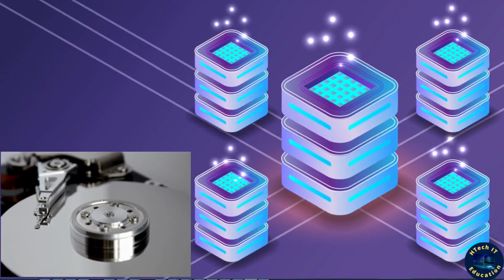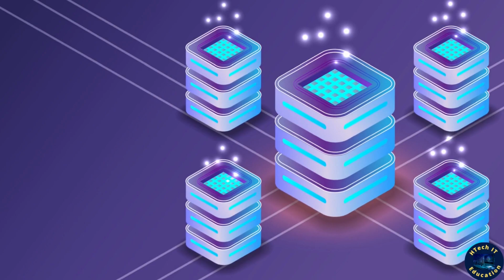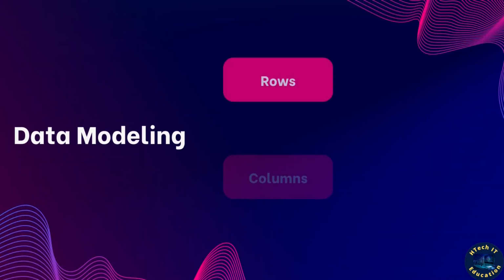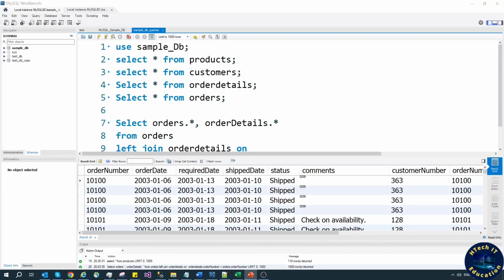If we talk about most common types of databases in operation today, data is typically modeled in rows and columns, along with a series of tables. So this is the way we can process, we can add, we can edit, and we can query data efficiently and effectively.